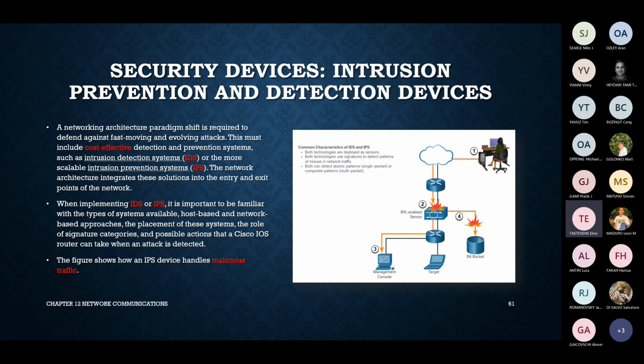The network architecture integrates those solutions into the entry and exit points of the network. When implementing IDS or IPS, it is important to be familiar with the types of systems available, host-based and network-based approaches, placement of the systems, and the role of the signature categories, as well as possible actions that a Cisco IOS router can take when an attack is detected.